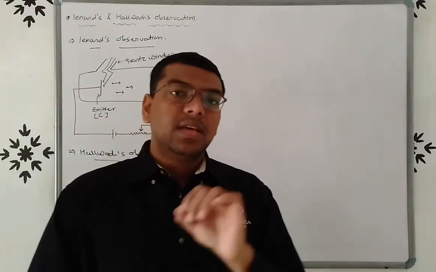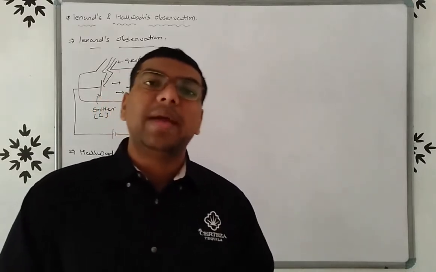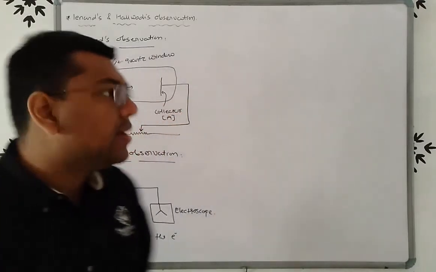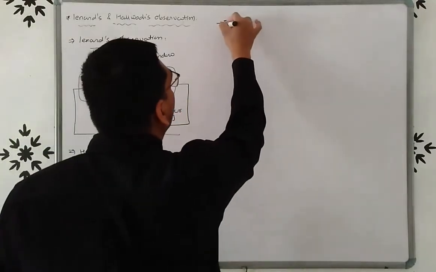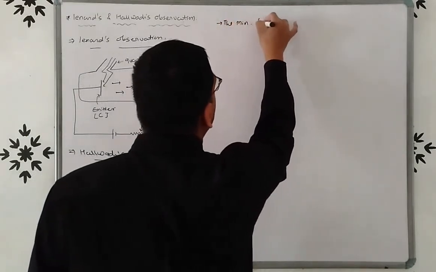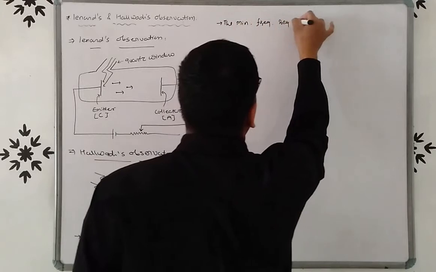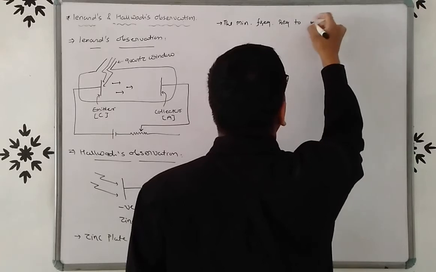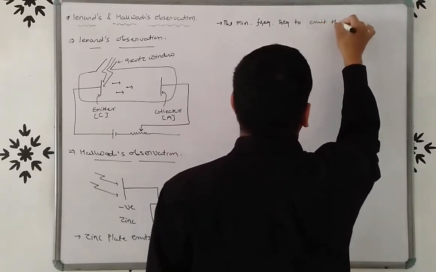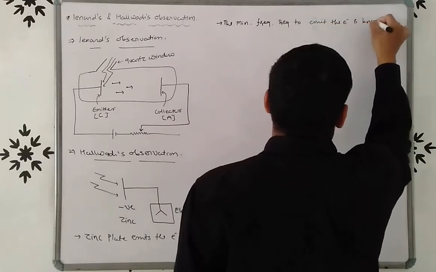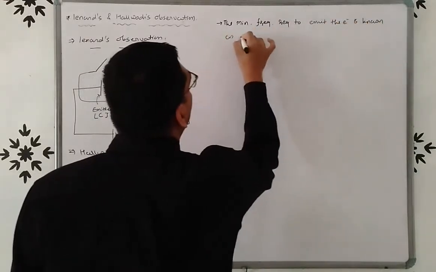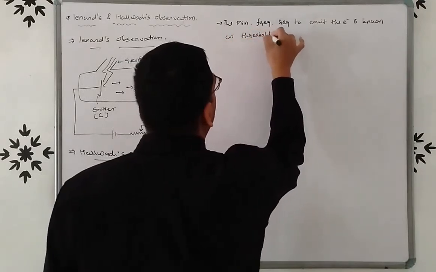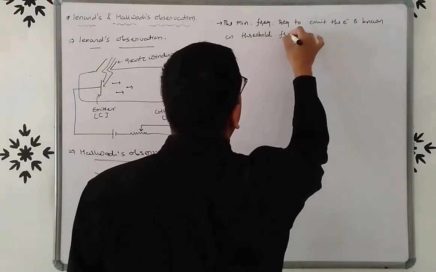So friends, the minimum frequency required to emit the electron is known as the threshold frequency, right?